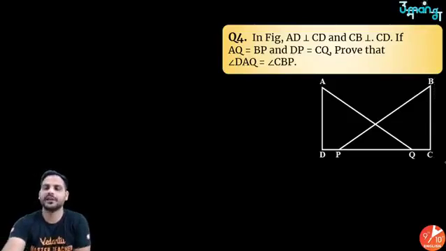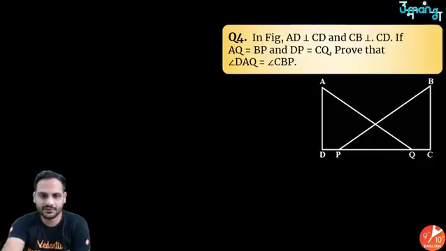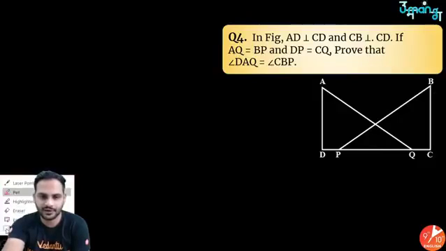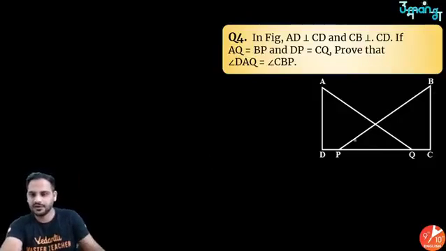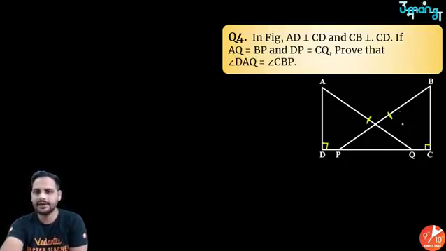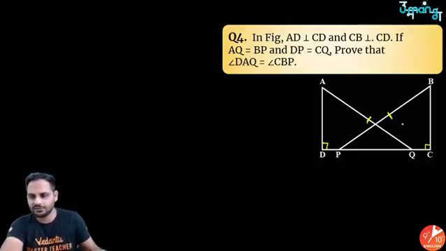So what it is saying, in this figure, AD is perpendicular to CD. So where is your AD? AD is perpendicular to CD, and CB is perpendicular to CD. This is also. Then AQ is equal to BP. This side AQ is equal to BP, and prove that DP is equal to CQ. So this small part DP is equal to CQ.